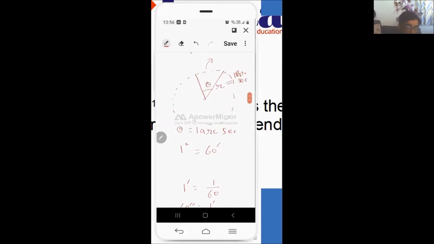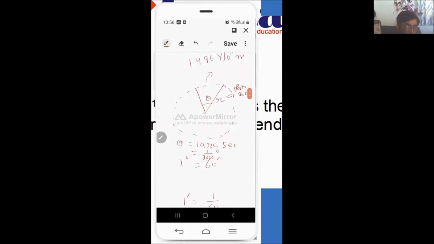It's not that large. This theta is basically 1 arc second, which is equal to 1 by 3600 degrees. Such a small angle. If this angle subtends an arc length of 1.496 into 10 to the power 11 meter, then this radius comes out to be 1 parsec.